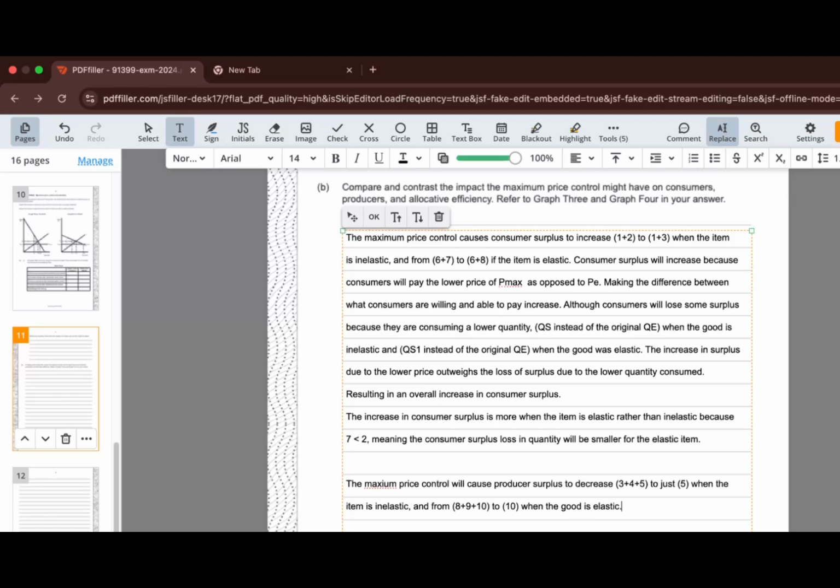Nice. Okay, so when the good is elastic. Now again, guys, we're just going to have to put out that same formulaic kind of answer looking at our consumer surplus, just for our producer surplus this time.